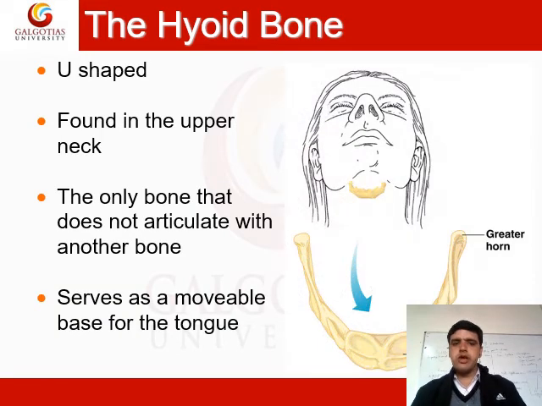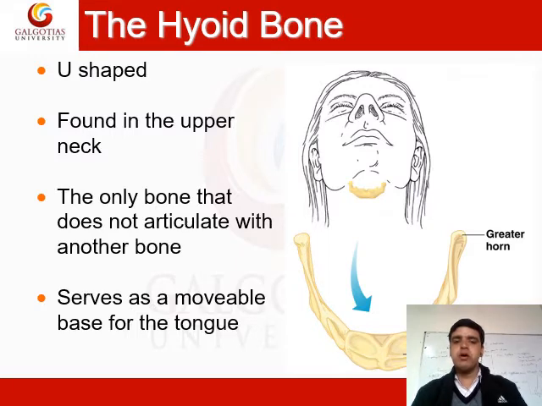Next is hyoid bone. Basically the hyoid bone is the U-shaped bone which is present in our upper neck. It is the only bone in our body that does not articulate with any other bone.